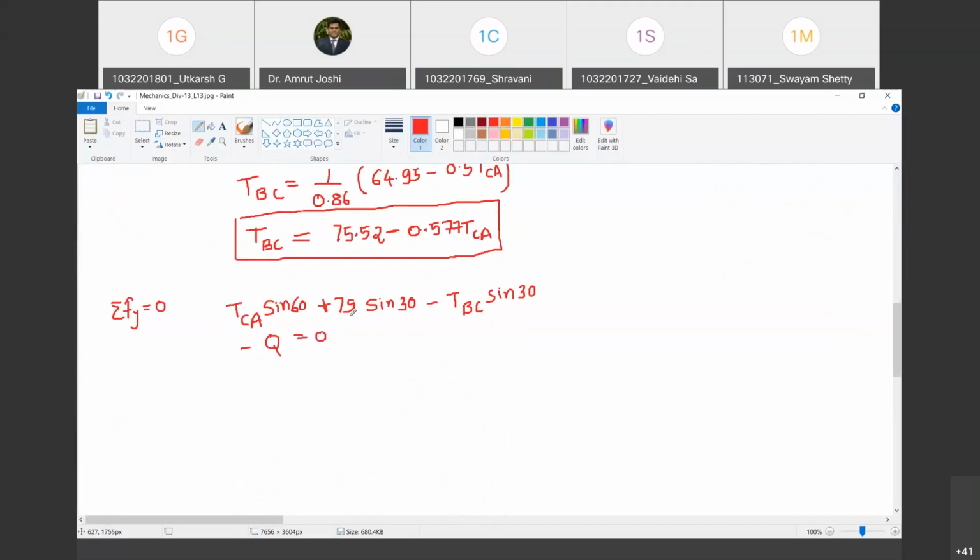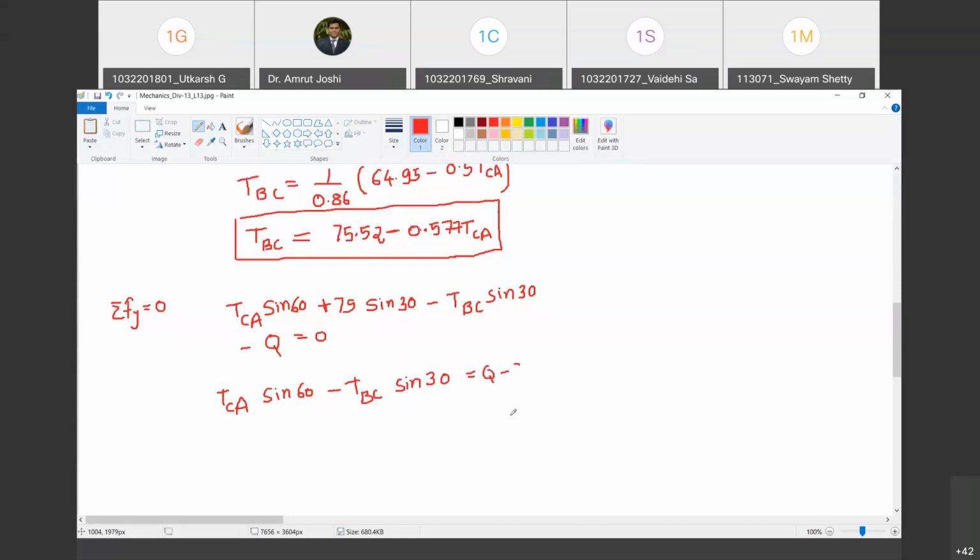Happy? We will take the constant and Q to the other side. So what do we get? TCA sine 60 minus TBC sine 30 is equal to Q minus 75 sine 30.